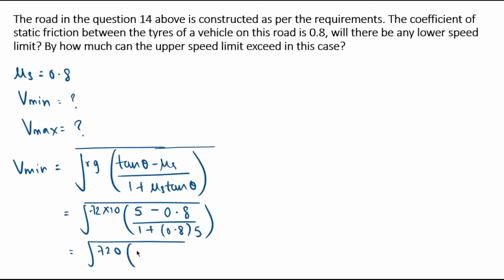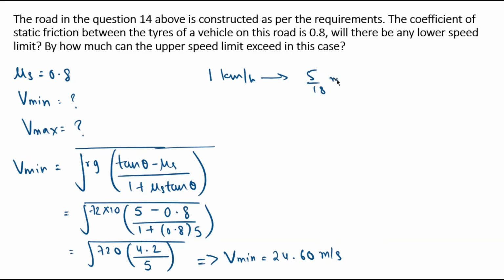So this will be 720, 5 minus 0.8 is 4.2, 0.8 into 5 is 4, and 1 plus 4 is 5. So calculating this, we get V minimum as 24.60 meter per second, and we know that 1 kilometer per hour is 5 by 18 meter per second.